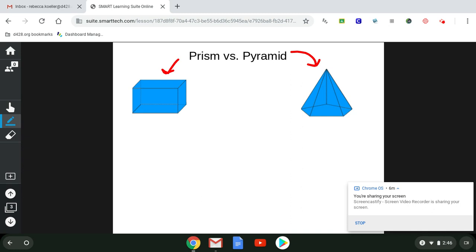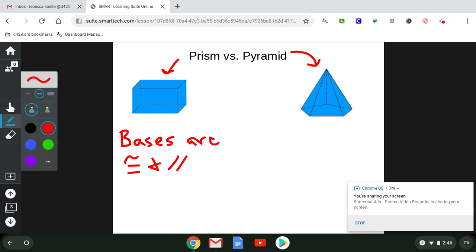In a prism, the bases are going to be congruent and parallel. That's what makes it a prism. In a pyramid, there's only one base.